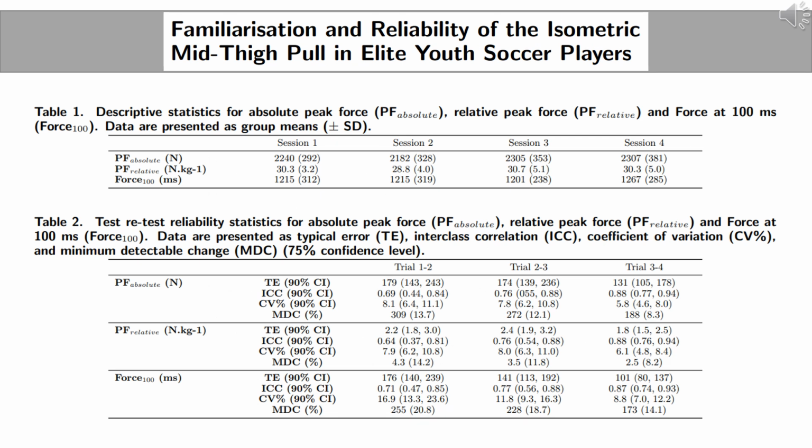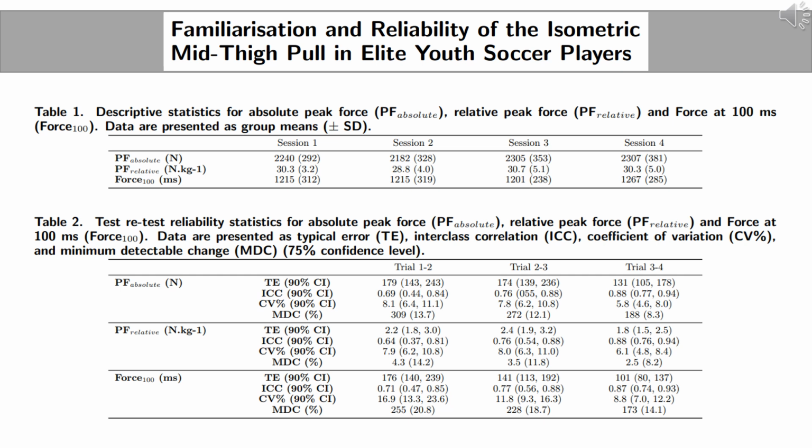Now, the third assessment of strength that I want to talk to you about is the isometric mid-thigh pull, and this is very much a multi-joint test of maximal force production capability. This particular study was done in youth players, and you can see from table 1 there that there were 3 metrics of interest: the absolute peak force value, relative peak force, that is peak force relative to body mass, and the force that's produced at 100 milliseconds on the force-time curve.